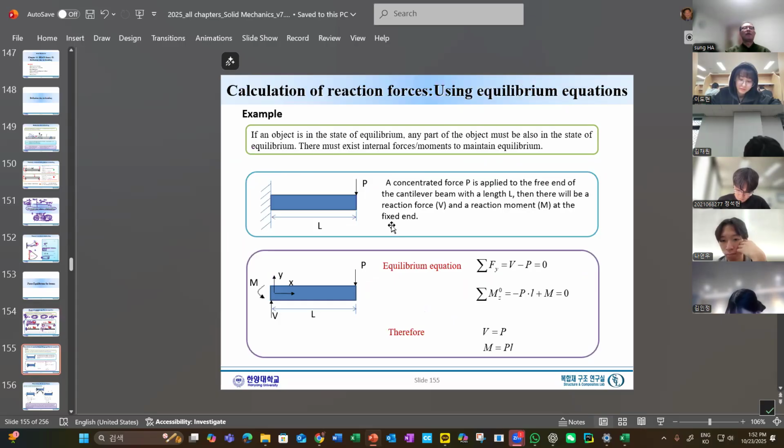Okay, let's look a bit more closely at the equilibrium equations. Just pay attention to what we can do with the equilibrium. Say we have a clamp boundary condition, and we have a beam.